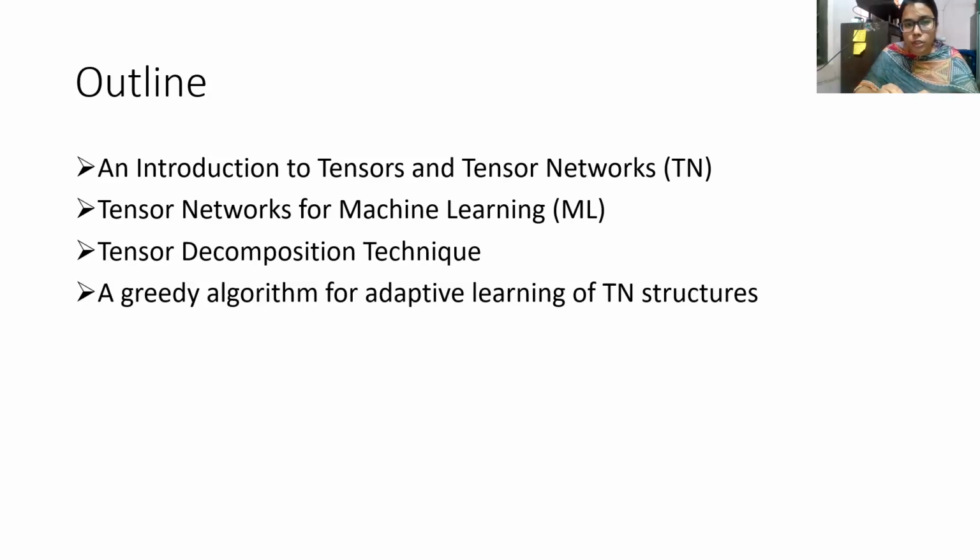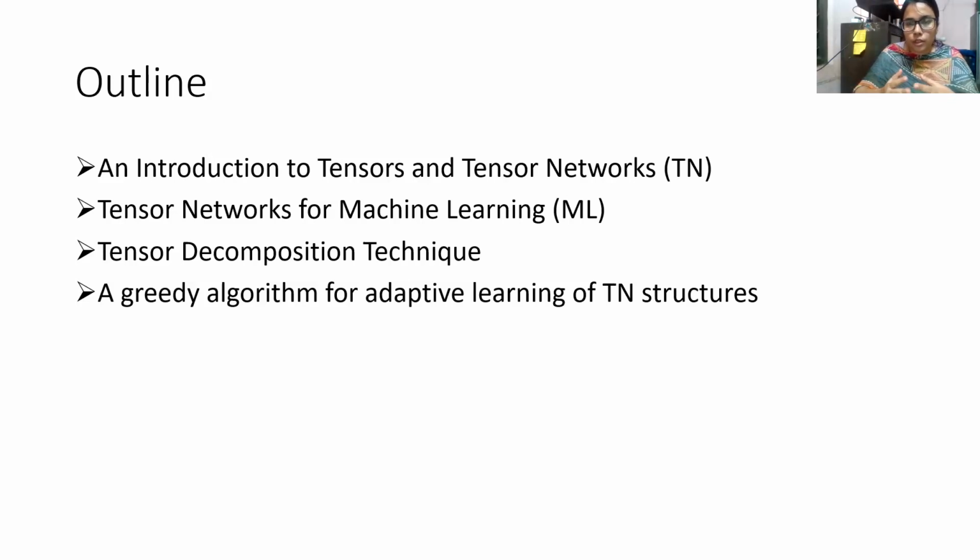So here we will also describe different tensor decomposition techniques, and finally I will propose or describe an algorithm which can be adaptable for any kinds of tensor network structure.